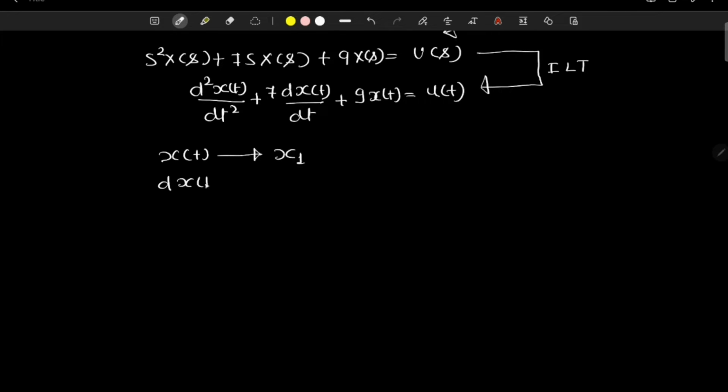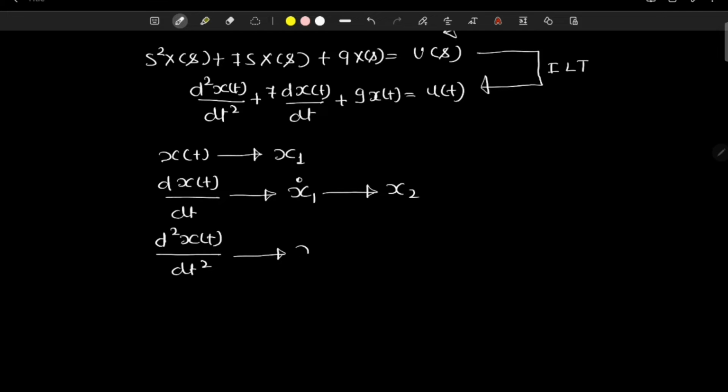That is dx of t by dt, the differentiation of x1, so I will take this as x2. Then the double differentiation of x of t is the differentiation of x2. Actually we don't need to name it x3, because this is the last term.